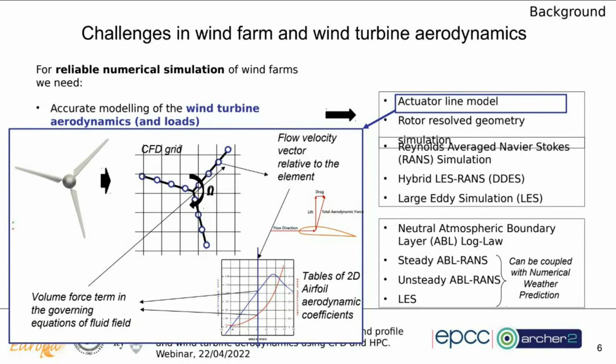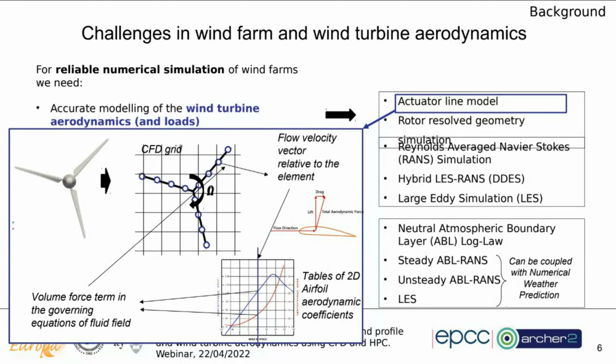The actuator line model aims to model the wind turbine not with its exact geometry, but substituting it with a logical discretization in blade elements, and at each blade element the model takes the relative flow to the blade element from the CFD grid, that is a background grid that you can see in the scheme here, and passes this relative wind vector to the airfoil model.